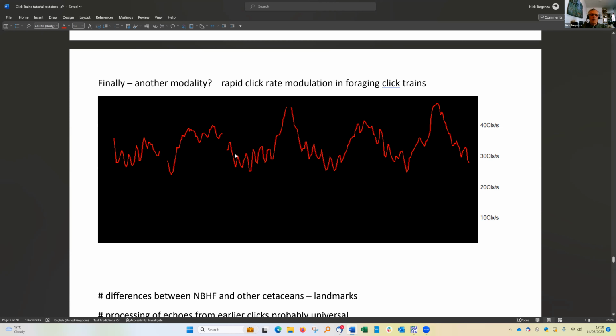And it seems to me quite plausible that the animal can continue to use its train fully for echolocation, distance estimation, all that, while conveying something socially in this modulation of the click rate. You know, it's like I can produce a series of words, and without interfering with the sense of the words, I can impose tones of voice on top of it that you can pull out as a separate modality of communication.